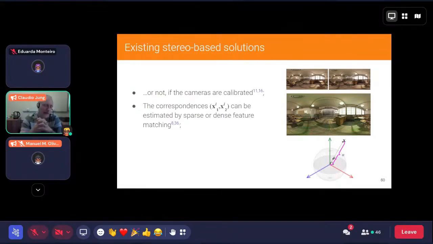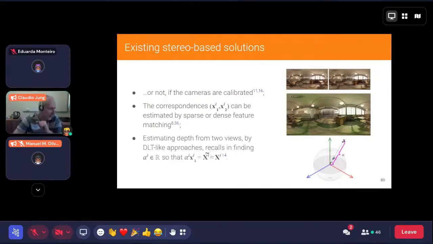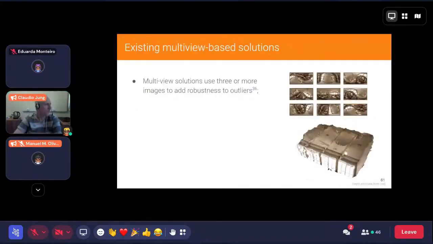And typically, you can perform sparse correspondence matching, then you're going to have a sparse depth map, or you can have a dense feature matching algorithm that will provide you dense correspondences, and then you can have a dense map.